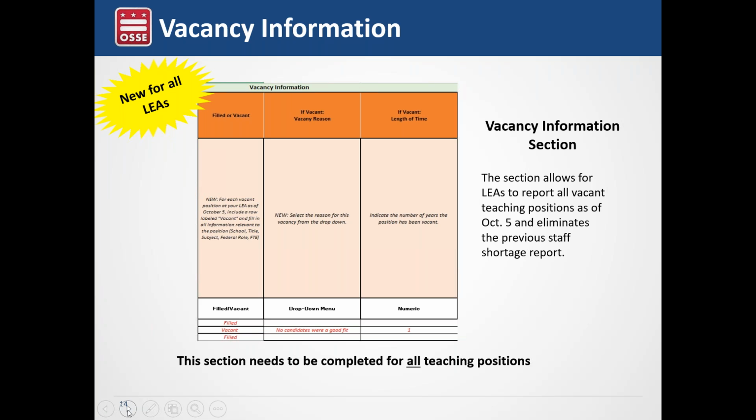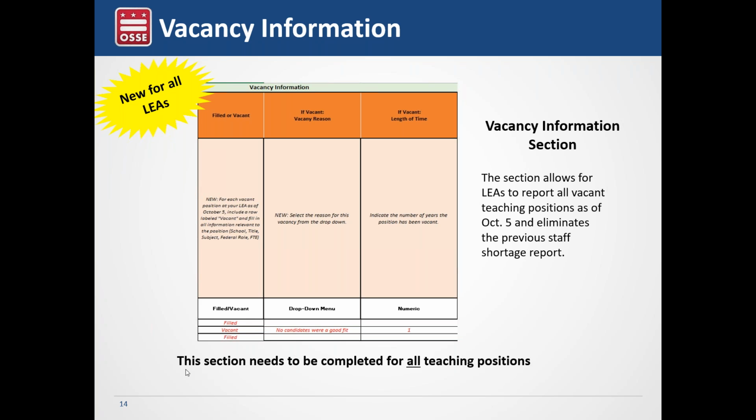Great. So this is new for all LEAs this year. As I mentioned before, we are including the teacher shortage collection as part of this collection. So the very first thing you'll see to the left of your template is a section on vacancies. The very first column should be completed for every single row of data that you're providing to us, to tell us if this is a filled position or a vacant position.